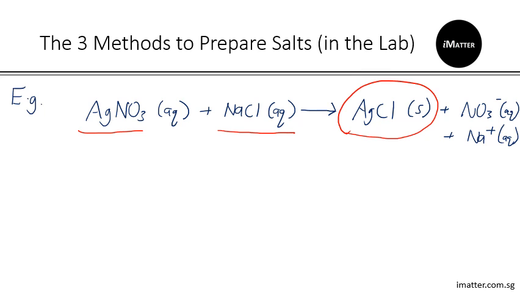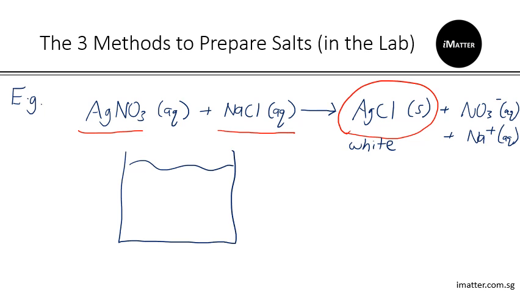So at the end of this reaction, oh by the way, silver chloride is a white solid. So at the end of this reaction, in your beaker, you will be left with silver chloride, a solid dispersed throughout the medium, and of course, as I said earlier, your nitrate ions and your sodium ions.